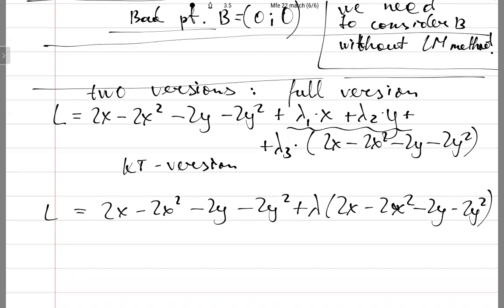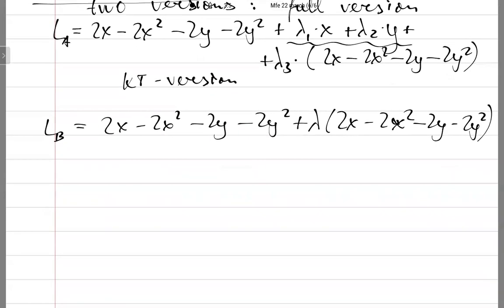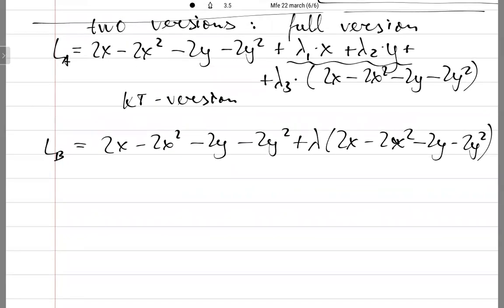First order conditions are different for these two, so let's call them Lagrange function A and Lagrange function B. Let me write first order conditions for both functions, but I will solve them only for B to simplify our calculations.